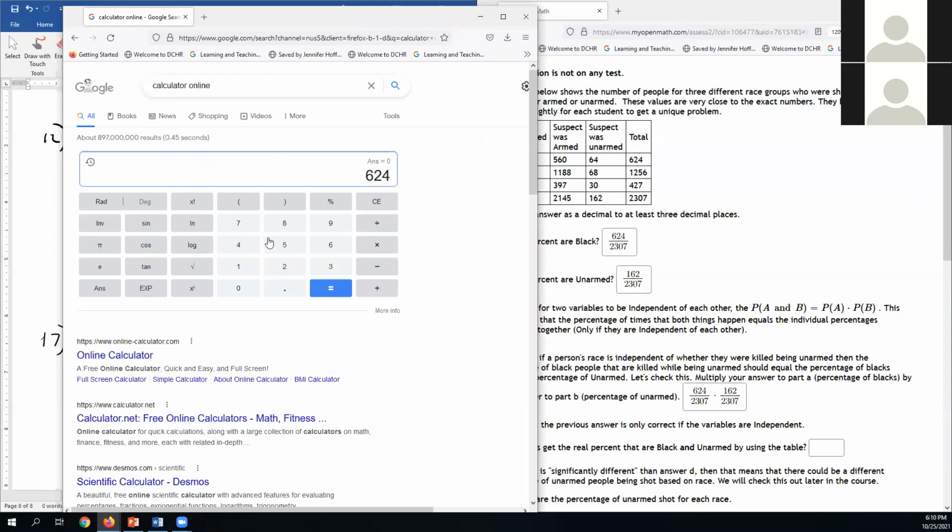624 divided by 2307. So that's this number right there. And then what I'll do to finish it off, I'll multiply it by this fraction right here. So I'll say times the 162 divided by the 2307.